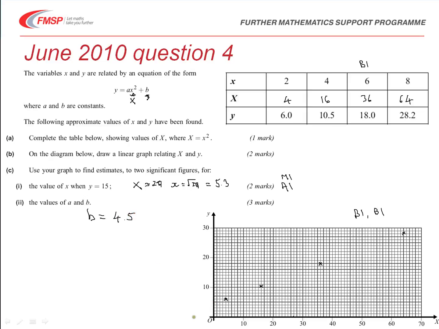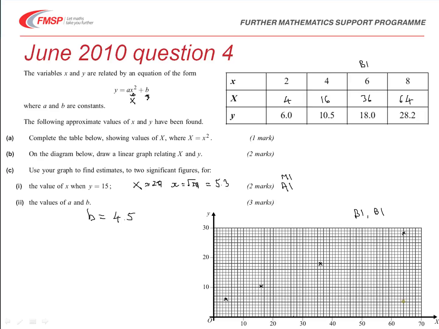Then to obtain the gradient, well, you could calculate it between two of the points. Well, since you know that b is approximately 4.5, we could do the difference in y value over the difference in x value.